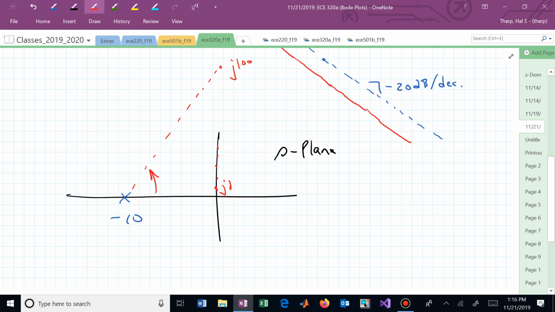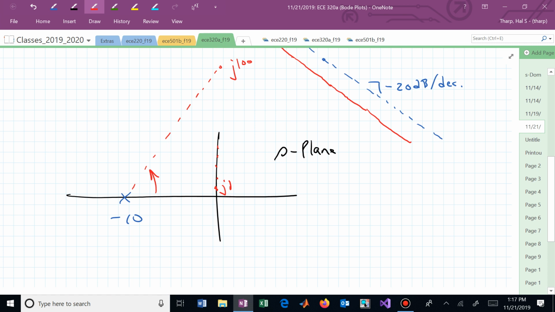We now know that this angle of 90 degrees is distributed across a 2-decade span centered at the break frequency. And we're just going to make it a straight line contribution between 0, and since it's a pole, it's minus 90. And we'll just draw a straight line.